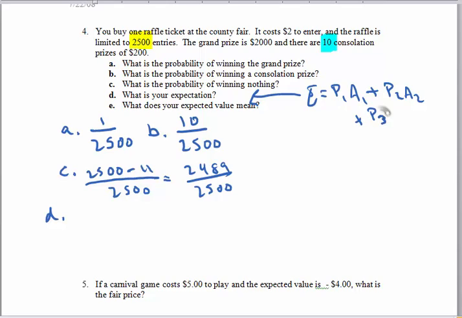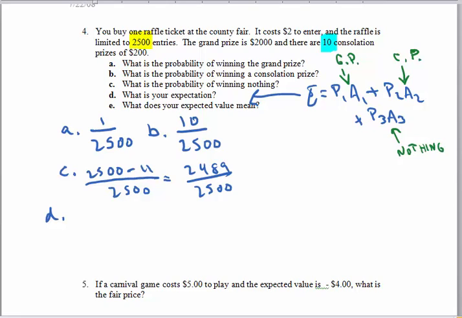Plus P3A3, which is going to be winning nothing. Now here's a thing to consider. Let's label this. This would be for the grand prize, this would be for the consolation prize, and this is for nothing.